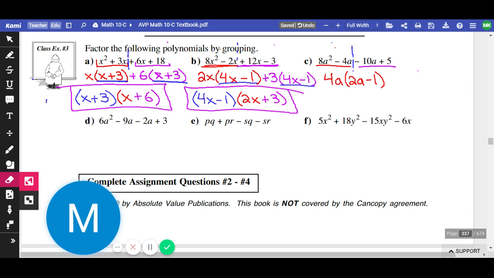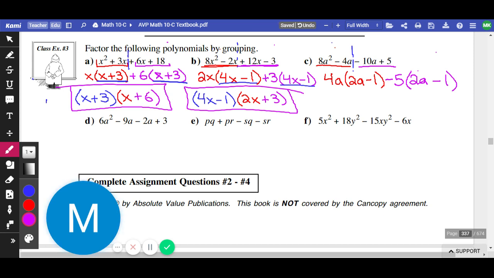So I look at that purple side, I factor out negative 5 to give me a positive 2a and a negative 1. Like that.